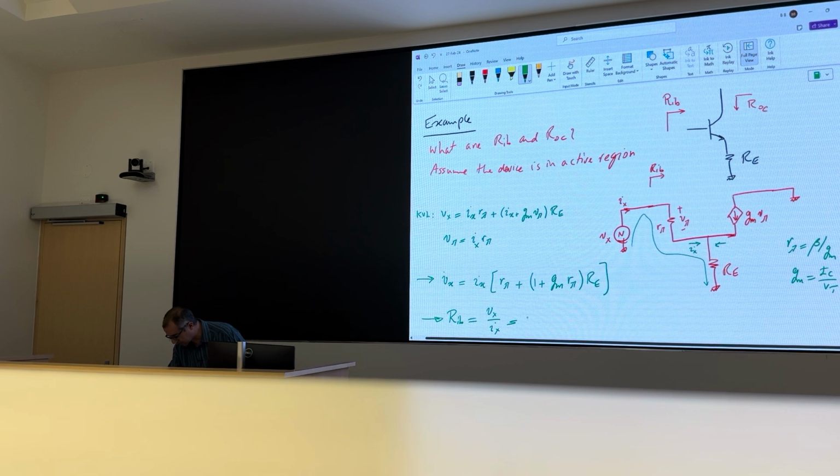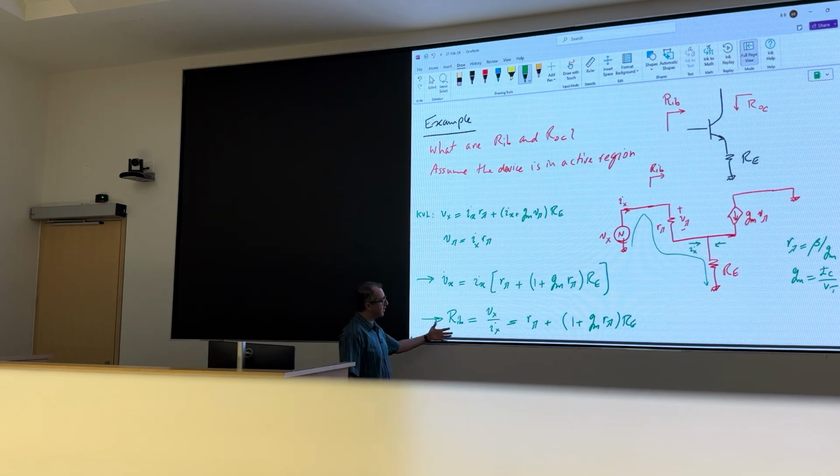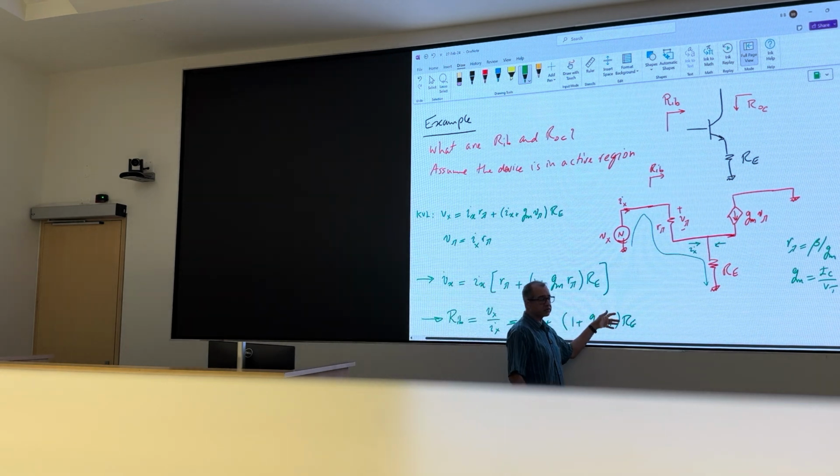From that expression, it's R pi plus 1 plus gm R pi times R_E. So that's the impedance that I see when I look into the base.